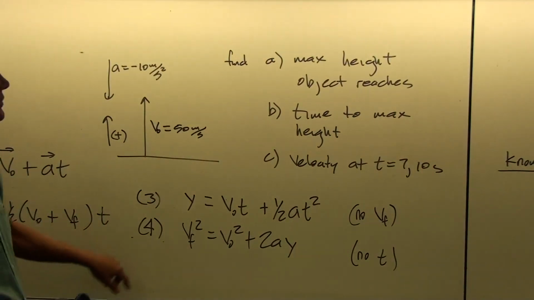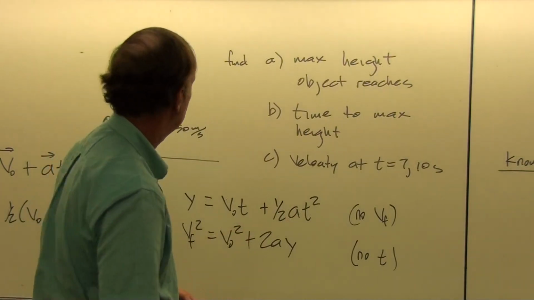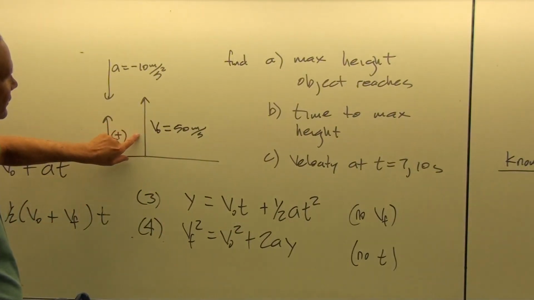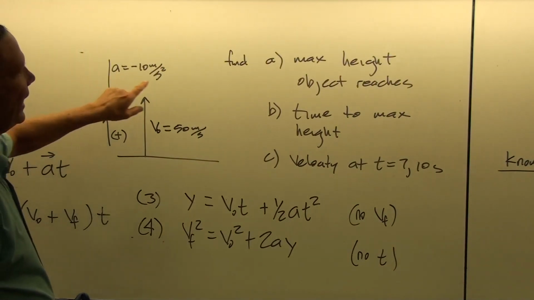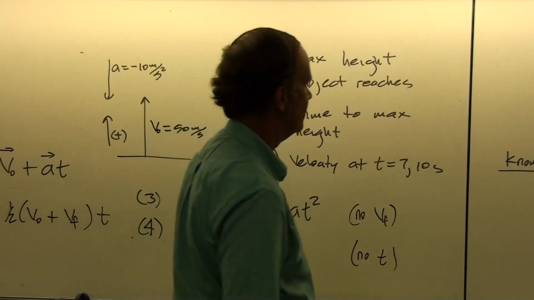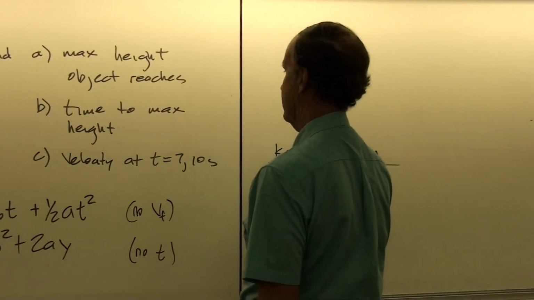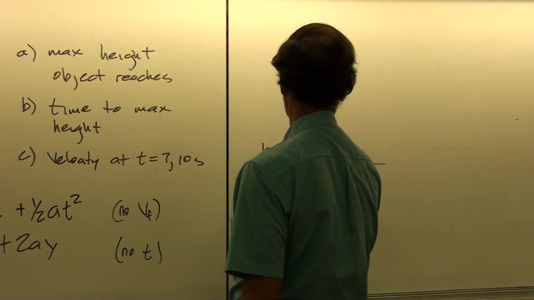All right, so in part A, let's do this one at a time. We know what the initial velocity is, 50. We know the acceleration. And in part A, we're trying to find the maximum height that the object reaches. So let's put those two down. V naught is 50 meters per second.